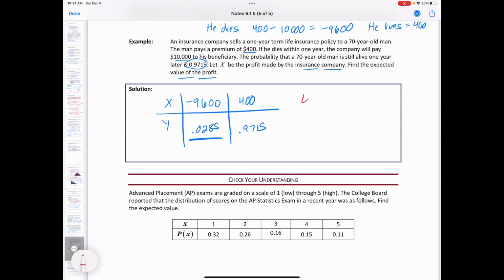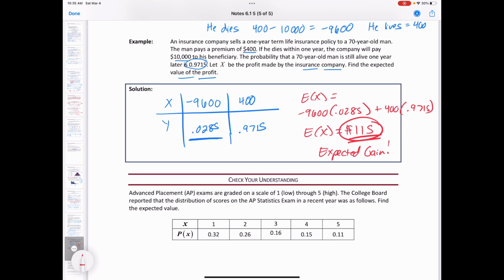So here's going to be my E of X. I'm going to say negative 9,600 times this plus 400 times the probability there, 0.9715. Pause the video and type it in, and you should get this. And that's an expected gain.